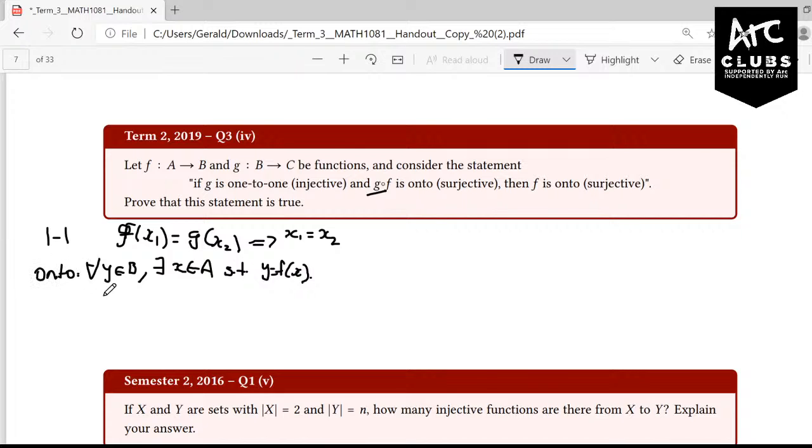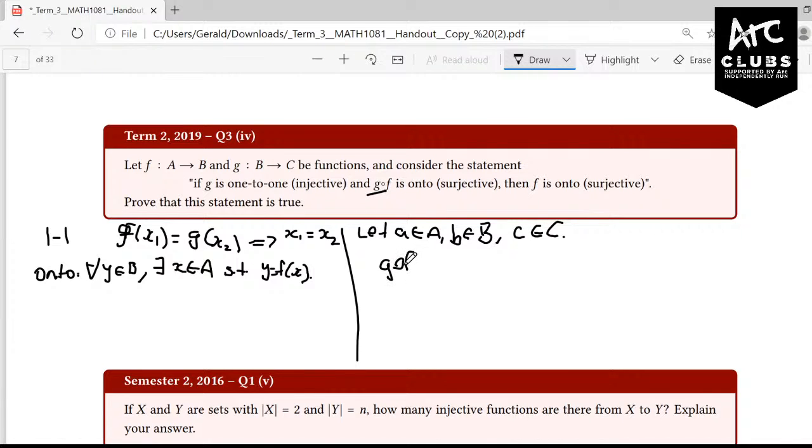All right, so with that in mind, let's begin the proof. The first thing is we want to look at G of f. So I'm just going to write let a be an element in A, b be an element of B, and c be an element of C. From here, we know that G of f is clearly a function.